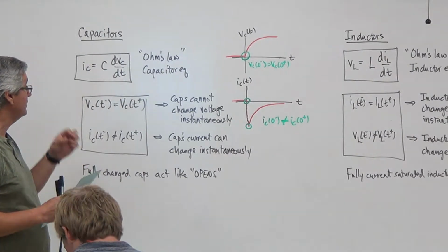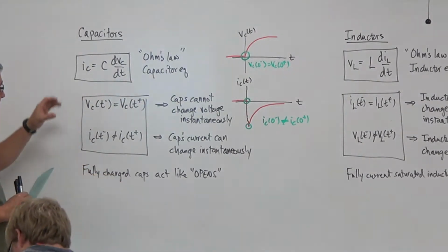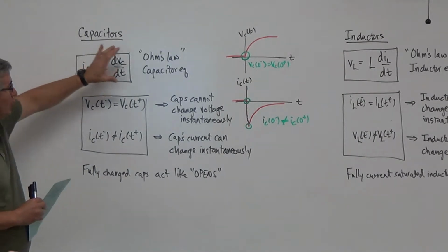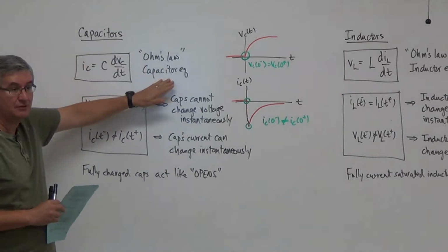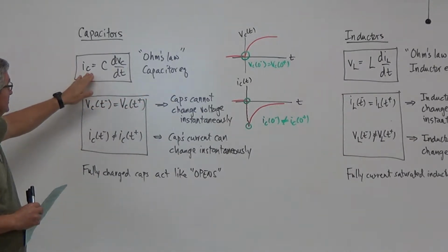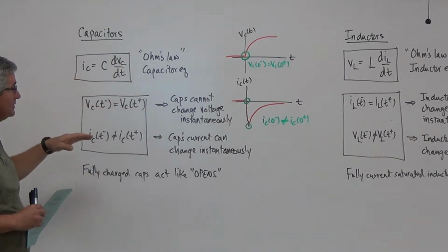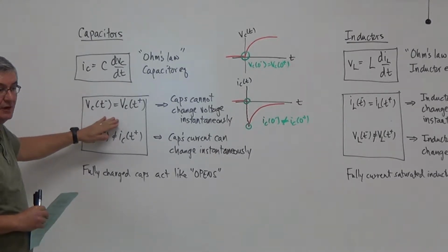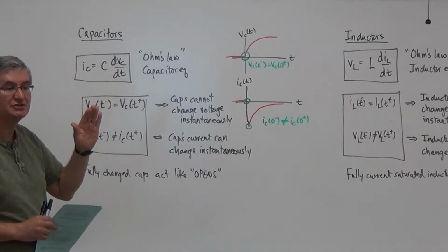So we talked about capacitors. And when I look at capacitors here, we have Ohm's law, which I call the capacitor equation, that relates the current to the voltage. And one of the things that we've discussed here is that the voltage of a capacitor cannot change instantaneously. Why? Because we have that RC time.